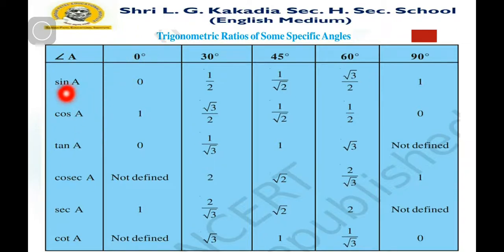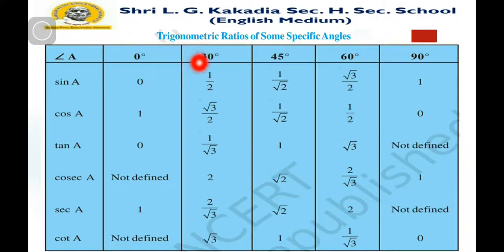For sin A, we are going to take the value of sin 0. The value of sin 0 will be 0. The value of sin 30 is 1 over 2.